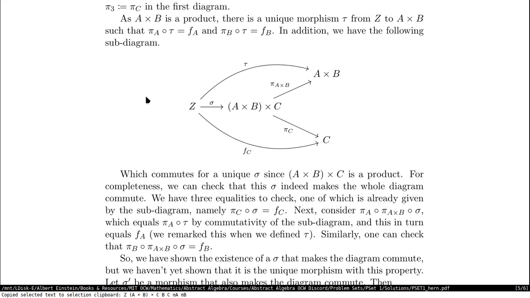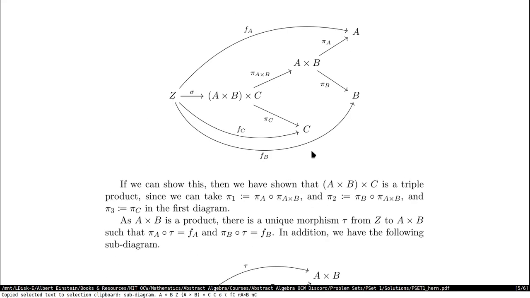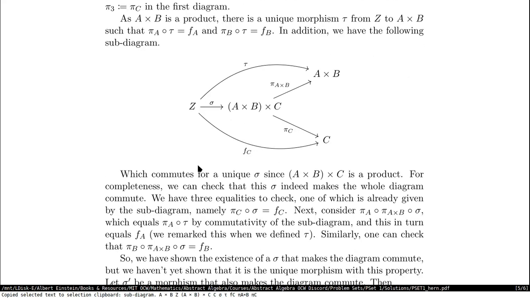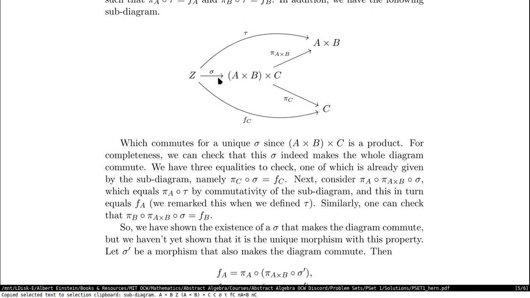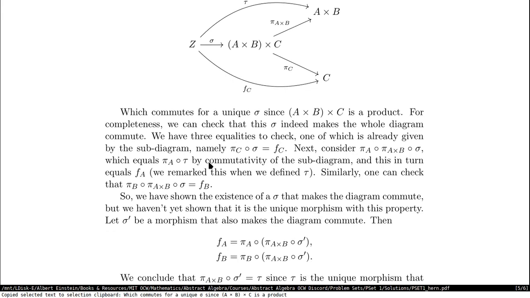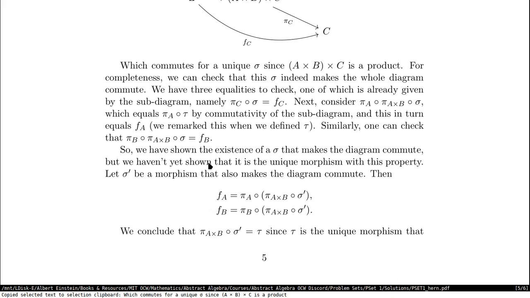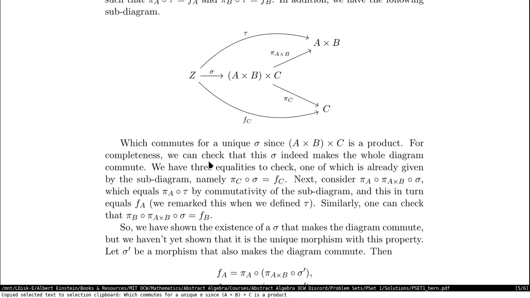Now you say that this is a sub-diagram, so it lives within this bigger diagram, and this diagram commutes for a unique sigma, since this is a product. For completeness, we check that this sigma indeed makes the whole diagram commute. You check whether these morphisms actually commute by taking the composition.